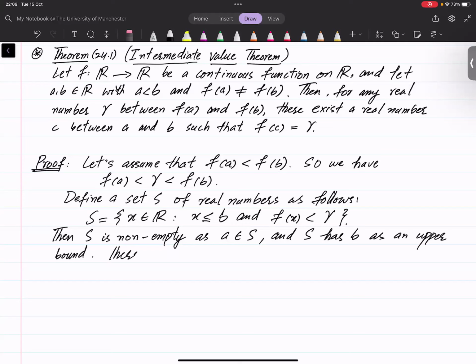Therefore, by the completeness axiom, which we have discussed in chapter 24, S has a least upper bound.